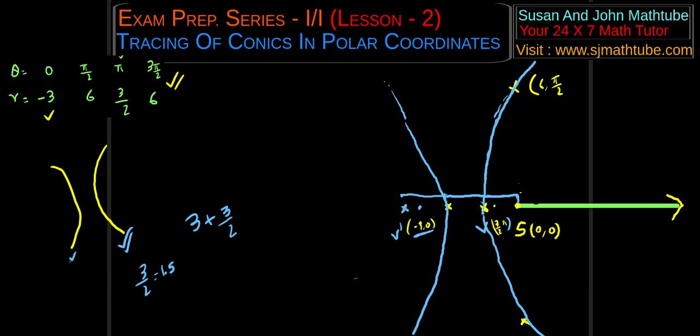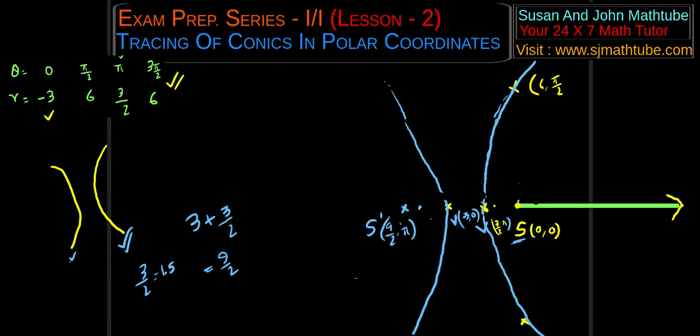This is the vertex, and that is minus 3, 0. So once more, the length of the blue line from the focus or the pole will be 3 plus 3 by 2, and that gives me 9 by 2. So the next focus is 9 by 2 in the direction of pi. Now we are ready with both the foci and the vertices.